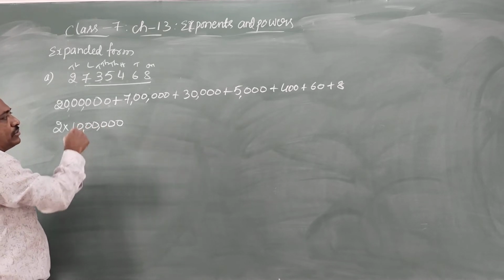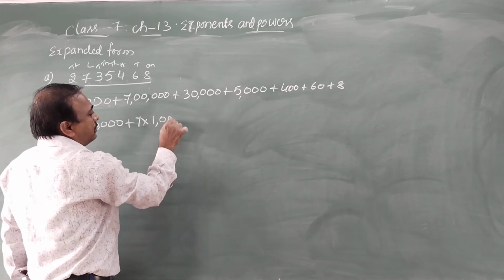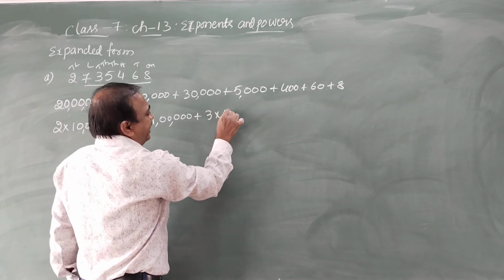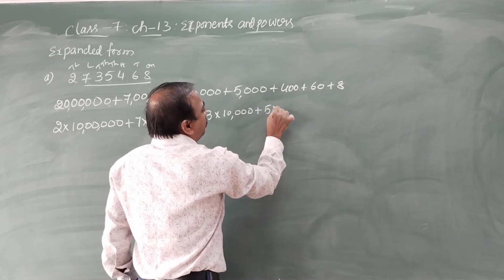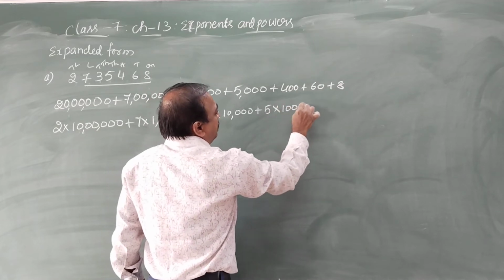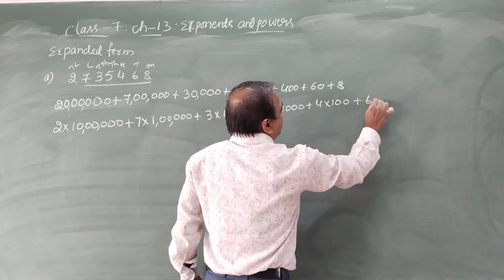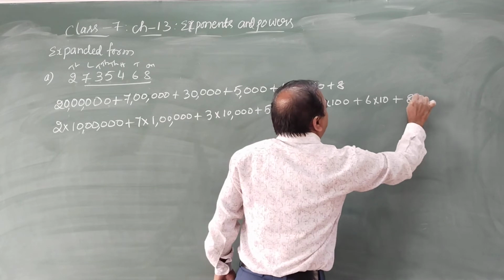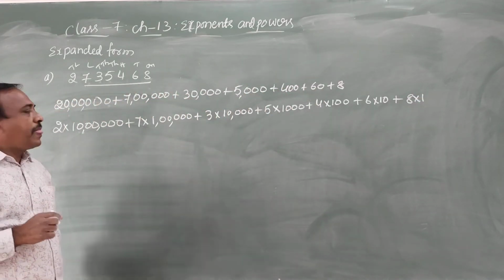Then only you get this: 20 lakhs plus 7 into 1 lakh, plus 3 into 10,000, plus 5 into 1000, plus 4 into 100, plus 6 into 10, plus 8 into 1. Is it clear?